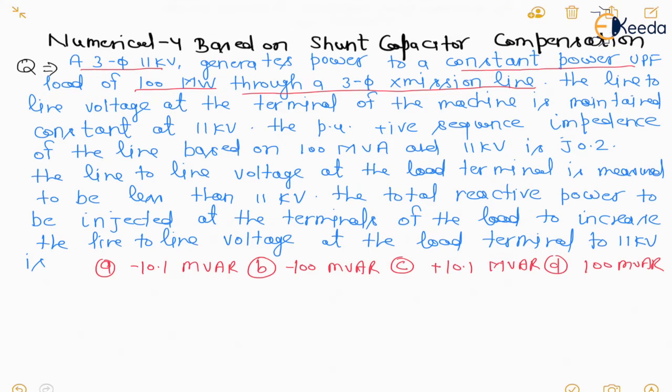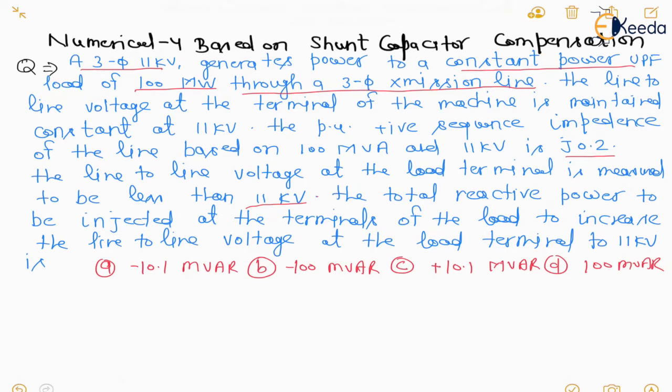The per unit positive sequence impedance of the line based on 100 MVA and 11 kV is J0.2. The line to line voltage at the load terminal is measured to be less than 11 kV. The total reactive power to be injected at the load terminals to increase the line to line voltage at the load terminal to 11 kV is.